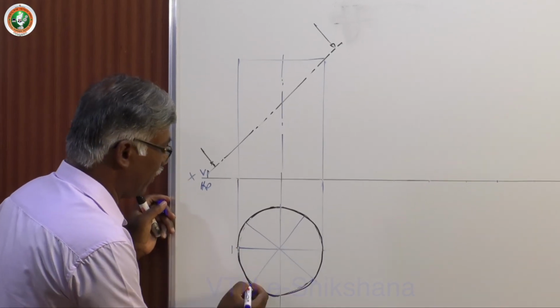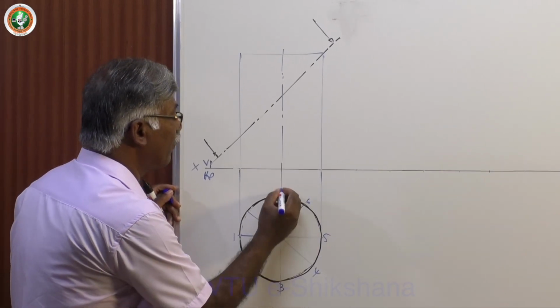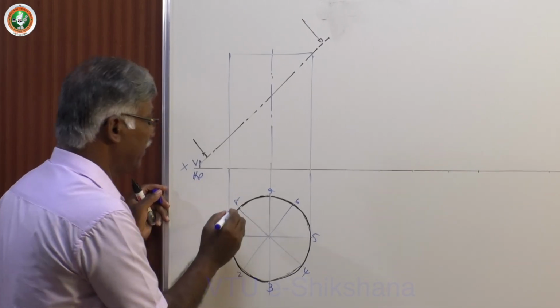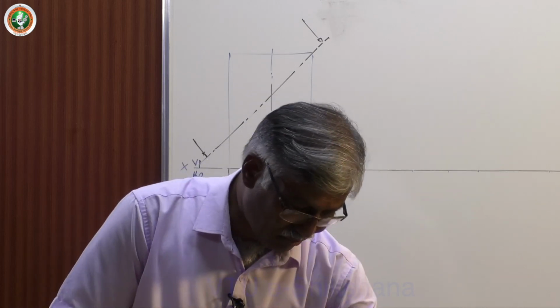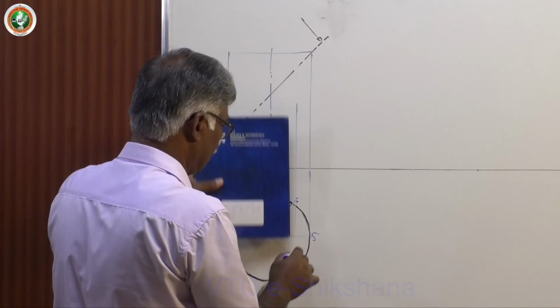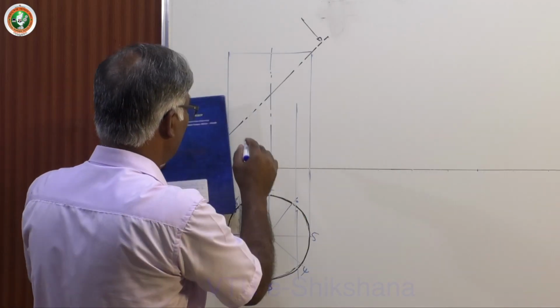Assume that I have taken 45 in manual. Then these are the points of reference. Okay, this is 8. Project these points onto the front view. Assume that these two are coinciding, 8 and 2 are coinciding.